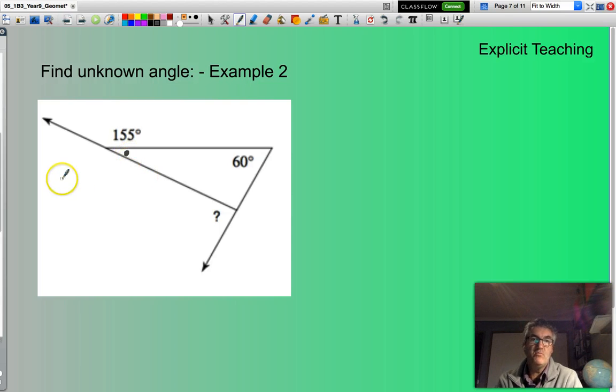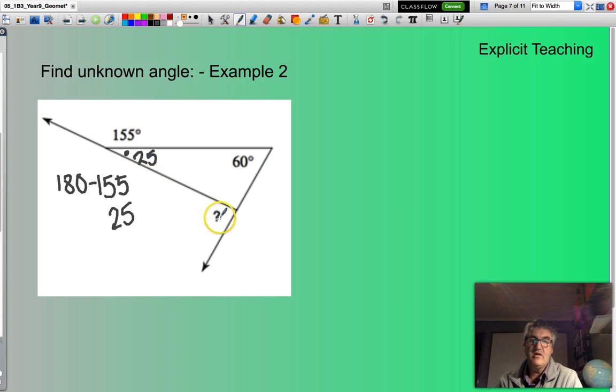So that angle there will be 180 minus 155. So 180 minus 150 is 30. And I need to just take off another 5, so that becomes 25 degrees. So here's my 25, so that angle there is 25.